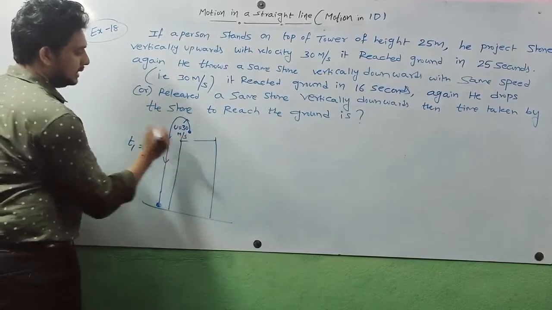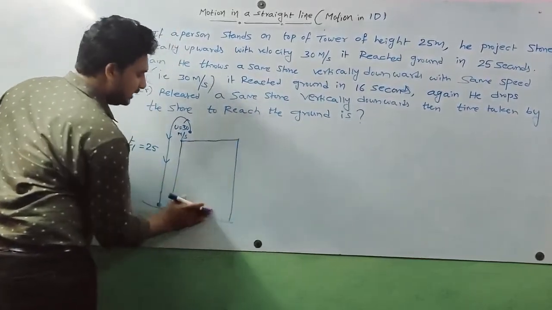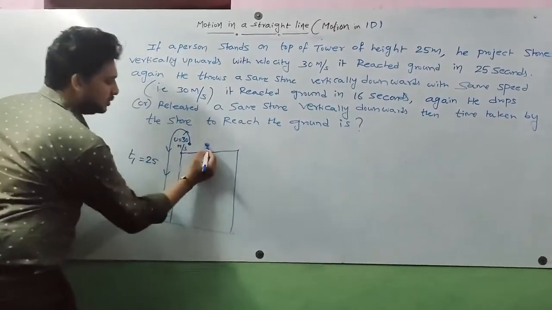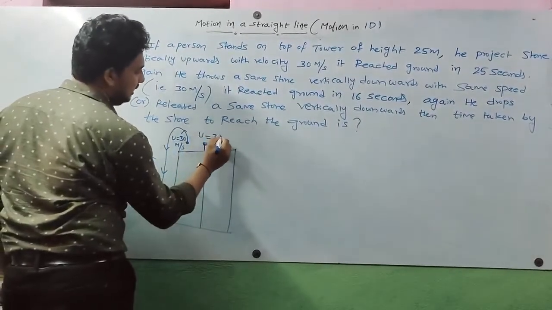Next, the second stone. The second stone is thrown vertically downwards with the same speed, 30 meter per second only.